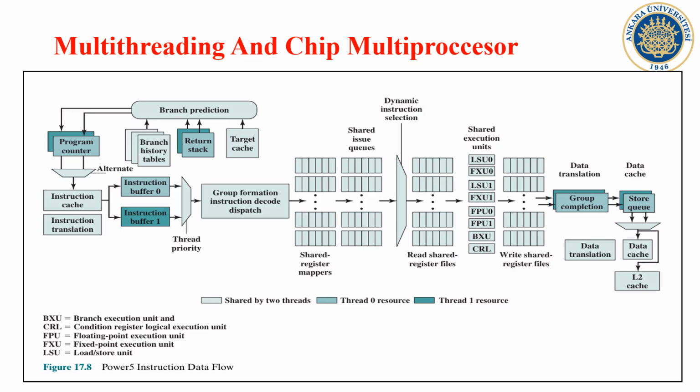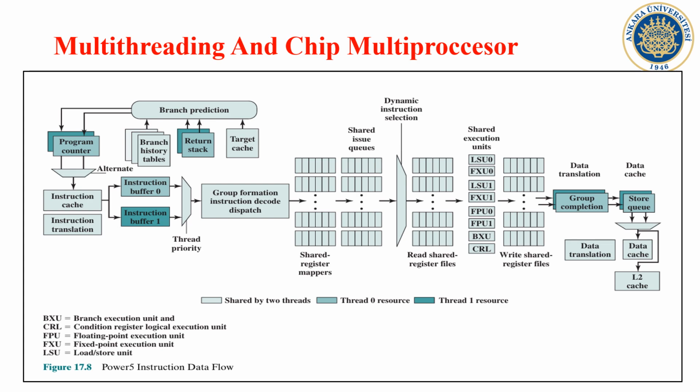The Power 5 combined chip multiprocessor with SMT. The chip has two separate processors and each processor supports two threads simultaneously. Simulations show that a two-way SMT processor performs better than a single four-way SMT processor because extra threads can cause cache thrashing.